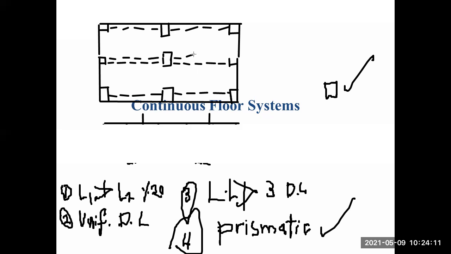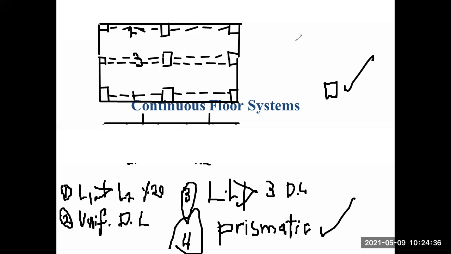So in this case, how many beams do we have in this system? 1, 2, 3. Two of L shape. These are of L shape. If this beam is 2 and this beam is 1, then this would be 3.